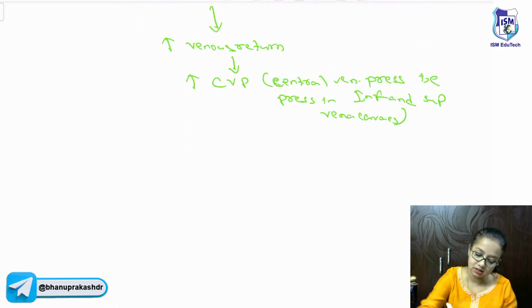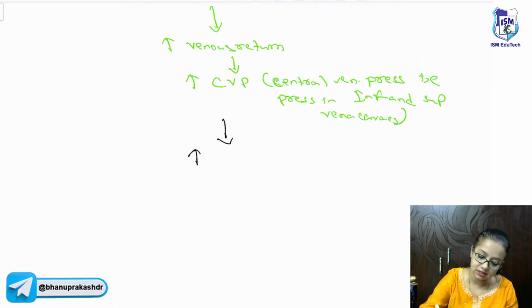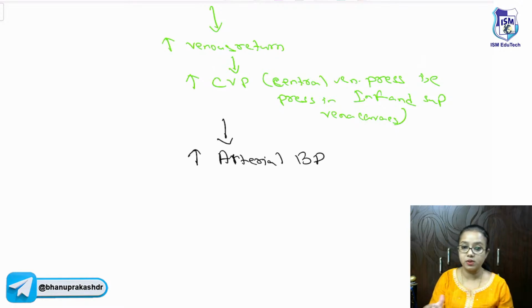When there is an increase in the central venous pressure, there is an increase in the arterial blood pressure.